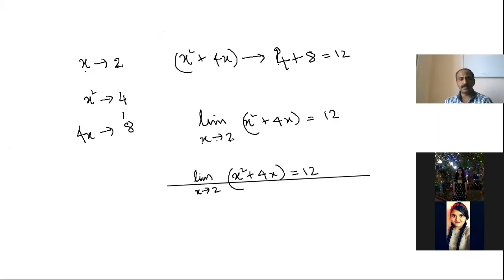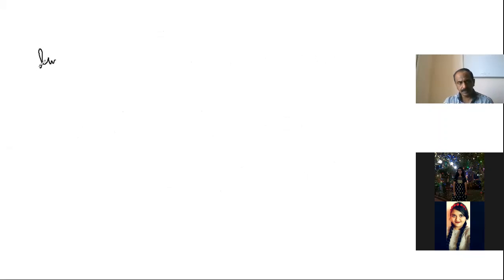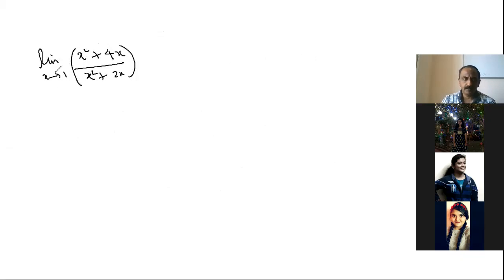Okay. Now you give me the calculation of this. Limit x tending to 1, x square plus 4x upon x square plus 2x. You will ask the same question. When x is approaching 1, what will be the square of x? Will it be approaching 1 square or 1?